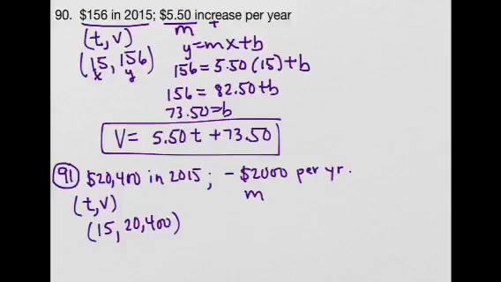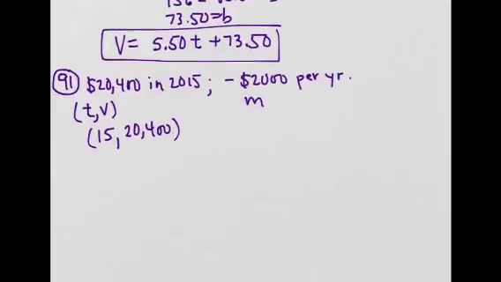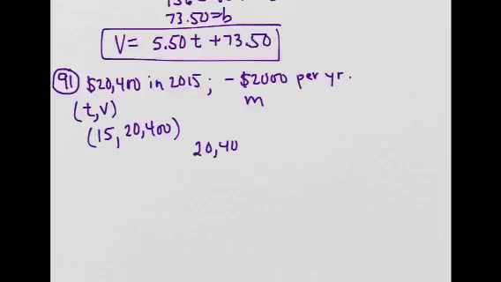So just like we set up number 90, we're going to say 20,400 equals negative 2,000 times 15 plus b. So simplify, not a 2 but a 4.